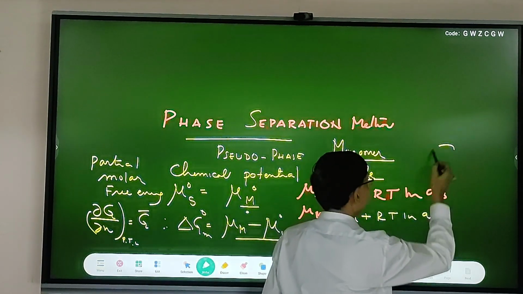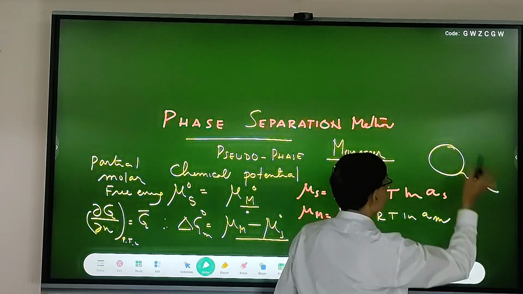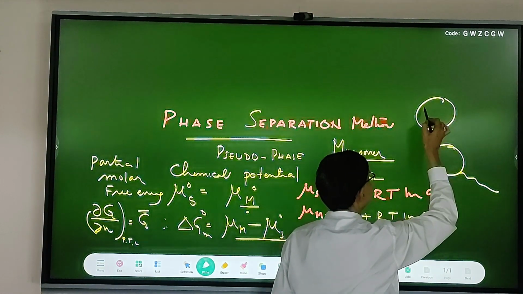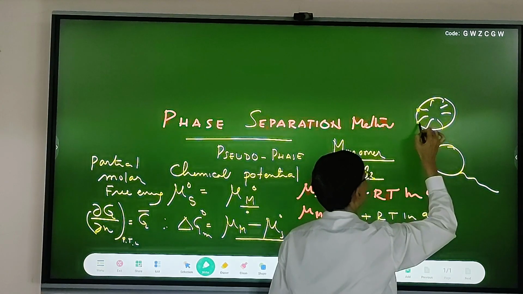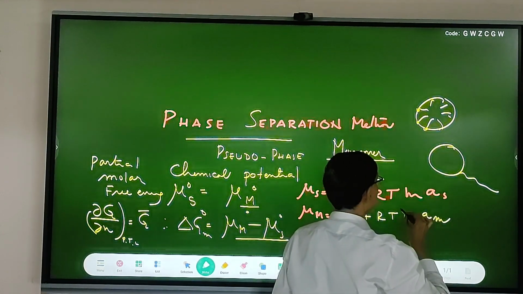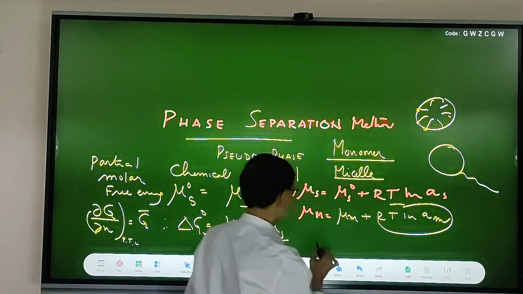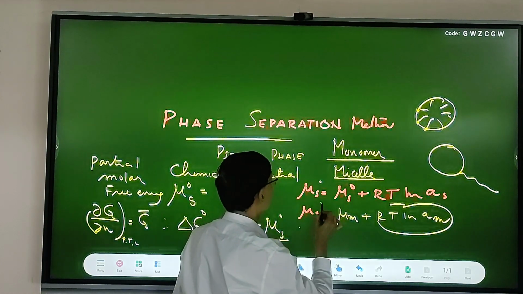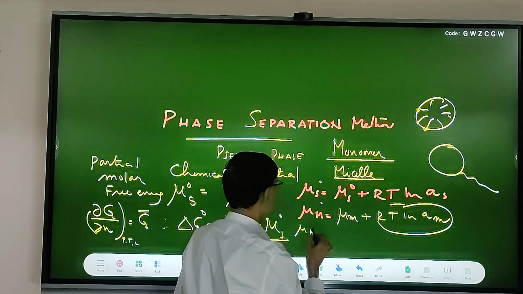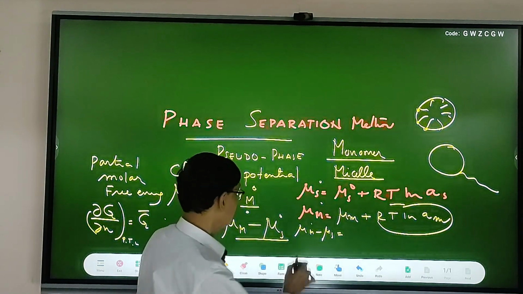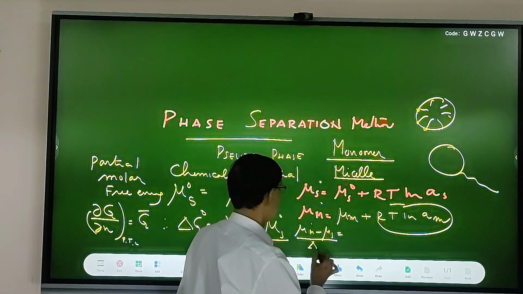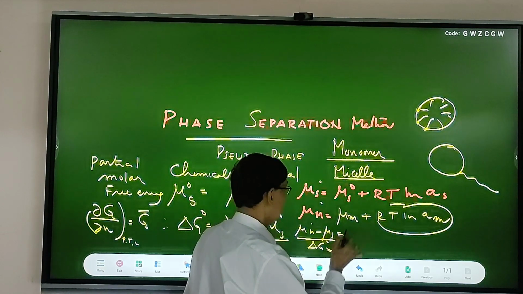And the same thing is for the micelles, and when the micelle is formed, we do not consider these things like that. So the difference between the standards, mu M standard minus mu S standard, is nothing but the delta G standard.